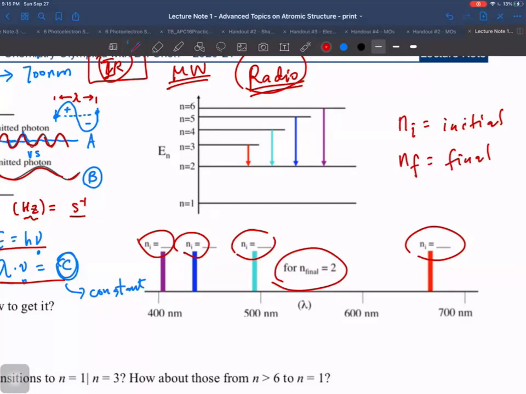Okay, let's say you have a question on how to interpret the picture here.